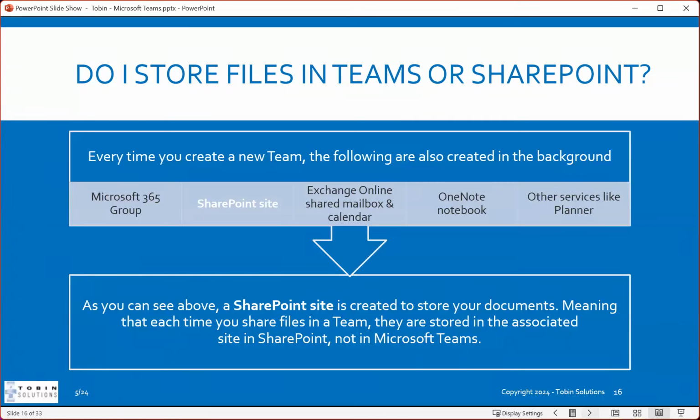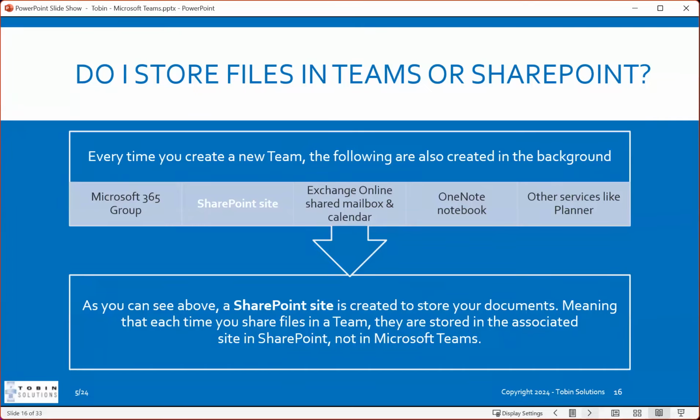When you create a new team, by default, in the background, Microsoft does a bunch of stuff for you. First of all, it creates a Microsoft 365 group. So if you create a new team called the marketing team, it's going to create a Microsoft 365 group called the marketing group.